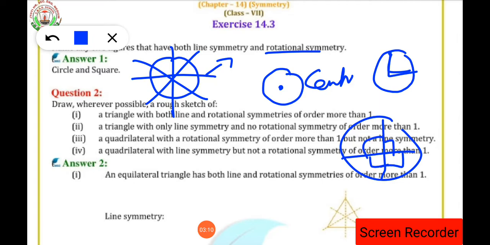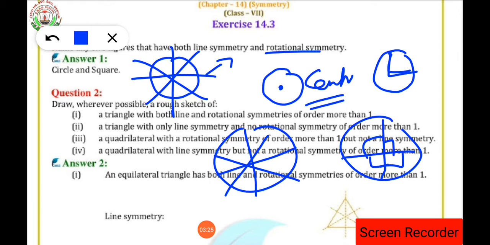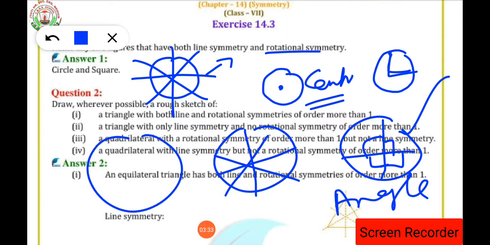So it depends on the angle of rotation. If you want to create a 60-degree or 30-degree angle, it is also possible in the circle because many lines of symmetry are present in it. So the first condition is satisfied, that it depends on the center of rotation. The second condition is also satisfied, that it depends on the angle of rotation.